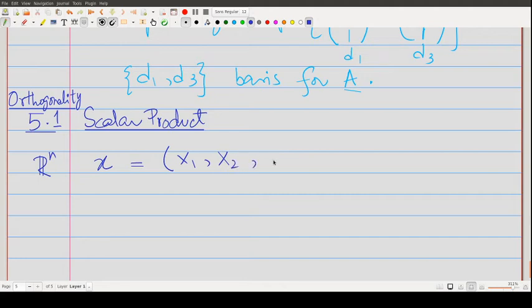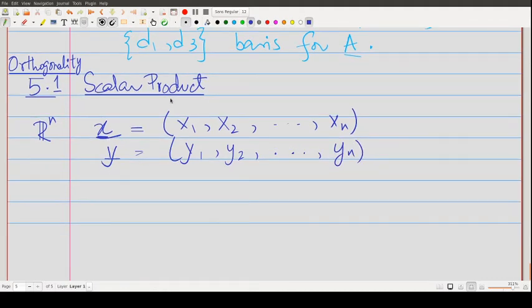If x has n entries, and y is also a vector from the same space, then the scalar product, we've done this before, but we're doing it again. The scalar product x transpose y is defined as x1 y1. This is just the dot product that you've seen before, I'm sure, in other classes. x1 y1 plus x2 y2 up until xn yn.